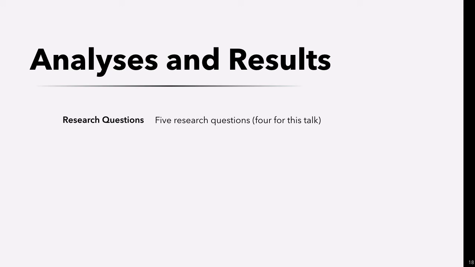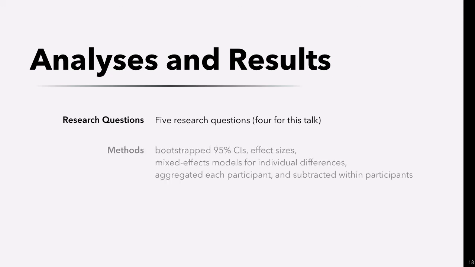To guide our analysis, we asked 5 different research questions, and I'm only going to talk about 4 for today. The fifth one is a little bit hard to explain, and it takes a little bit long to explain it clearly. And we use bootstrap confidence intervals and effect size to quantify the differences.